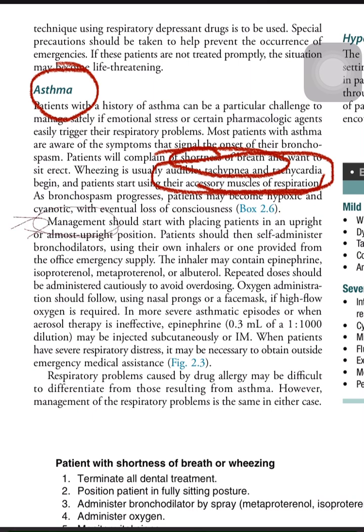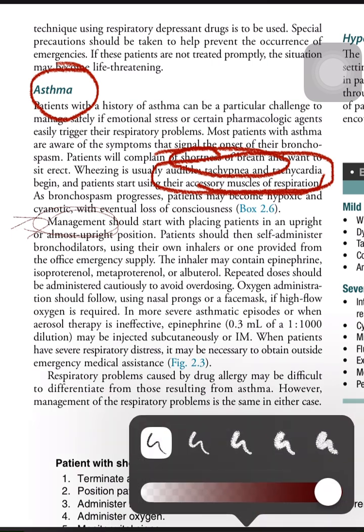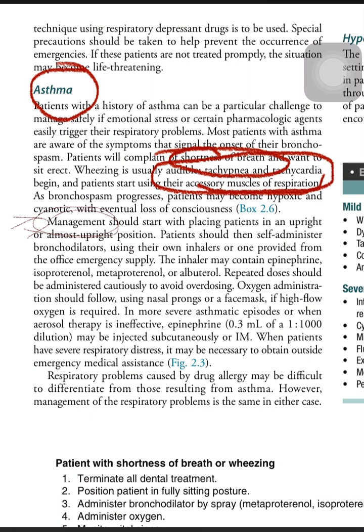We have to stop all the dental treatment, as we have discussed earlier, and then sit the patient fully upright, help the patient use their bronchodilator spray of albuterol, and then administer oxygen via a nasal cannula or a mask, and then monitor vital signs. So these are the things we have to take care of.